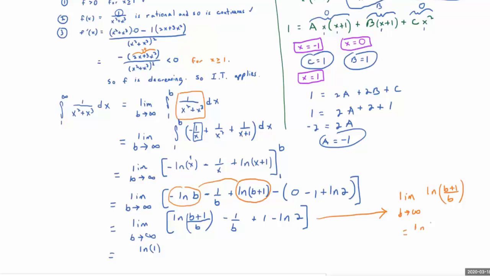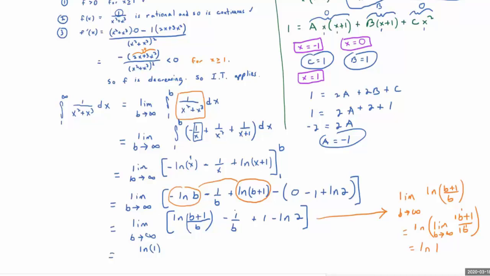So this is the natural log of the limit of b plus 1 over b. And we know that when the degrees are the same and it's a rational function, the limit's just going to be the ratio of the lead coefficients. So that's the same as the natural log of just 1. So that's where this comes from.